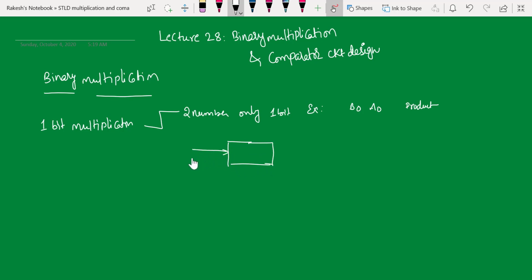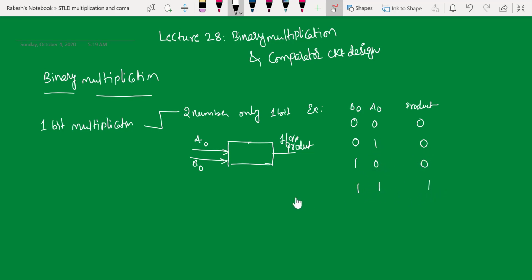You are going to have two inputs, that is A bit and B bit, in this case A0 and B0, and only one output, that is the product of your A0 and B0. If I consider all possible combinations of A0, B0 for the product, I can consider both zeros, product is 0. Then 0, 1, product is 0; 1, 0, product is 0; 1, 1, product is 1.